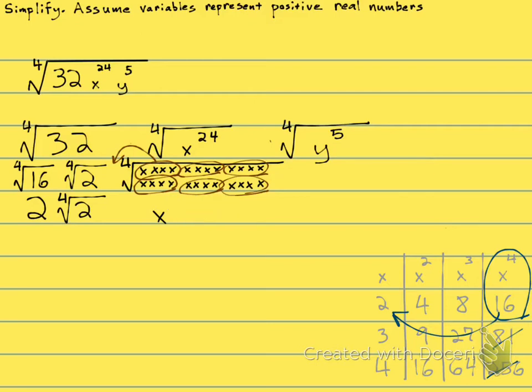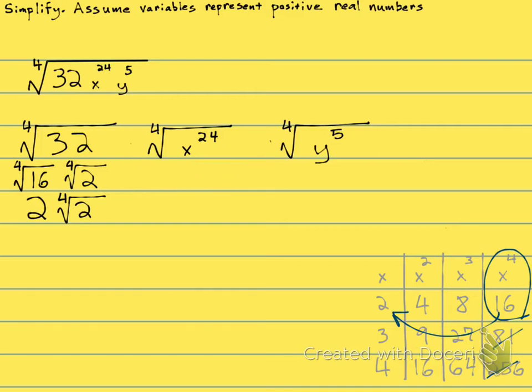Now, a somewhat quicker way to do it, when you get better at this, is just to say how many groups of 4 do I have inside this x to the 24th? How many groups of 4? You're going to say 6 groups of 4. How many are left over after you do the 6 groups of 4? None.